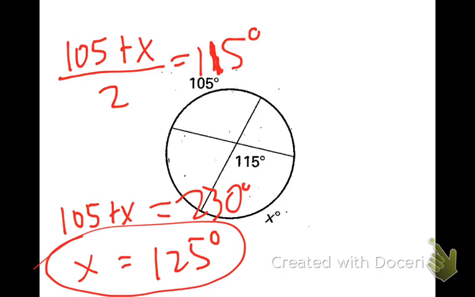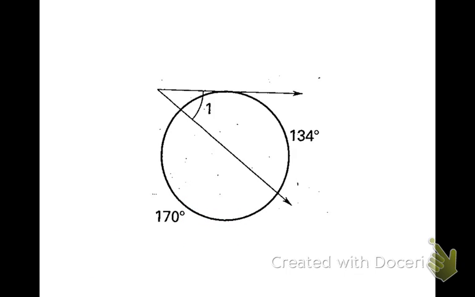All right, got it? Okay. Now, we have an angle outside the circle. The 1's inside the circle, but this is the angle. The angle for 1 is this angle outside the circle. So, before I can plug into my formula, I've got a little work to do. What do we have to do first before we plug into the formula?